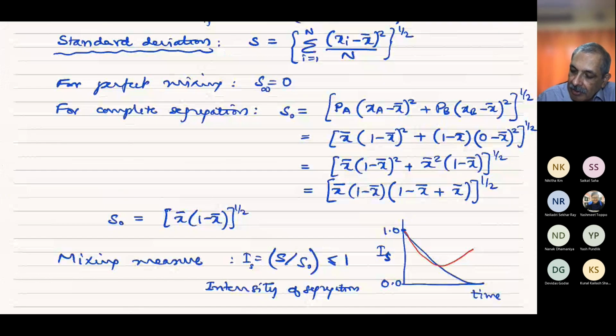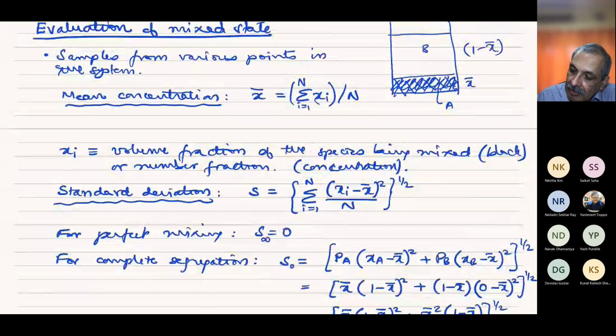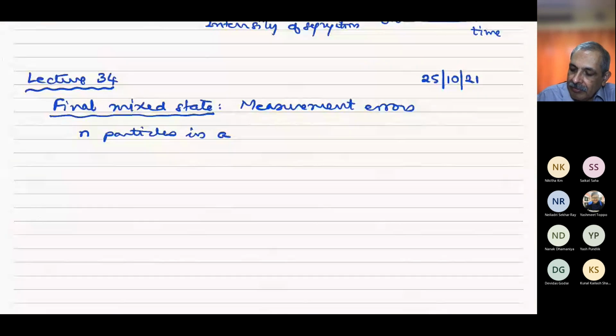So you remember we had taken n samples over here, and we had measured the concentration to be xi. So now, if there are n particles in a sample, then there is a measurement limit. So you can either have, because of the error, plus minus 1, let's say, particle.